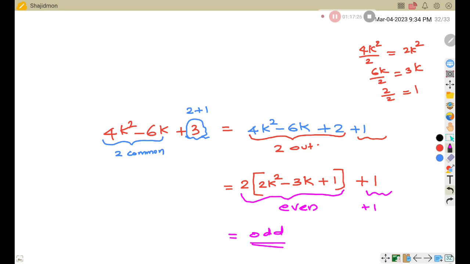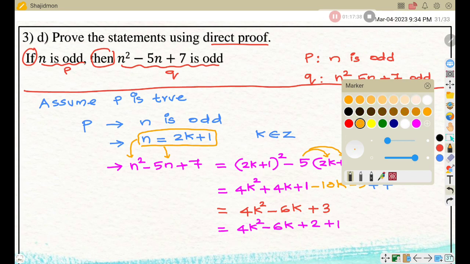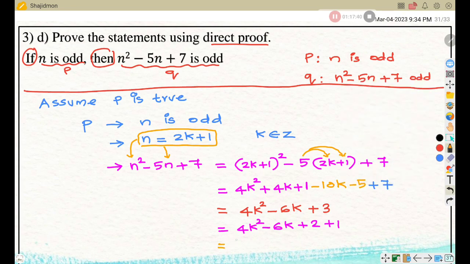Hope you understood, correct? So same, I am continuing here one more time. 4k square minus 6k plus 3 becomes plus 2 plus 1, correct? Now the first 3 terms, we take 2 outside. So 2 multiply, what is the balance? 2k square minus 3k plus 1, then lastly plus 1, correct.